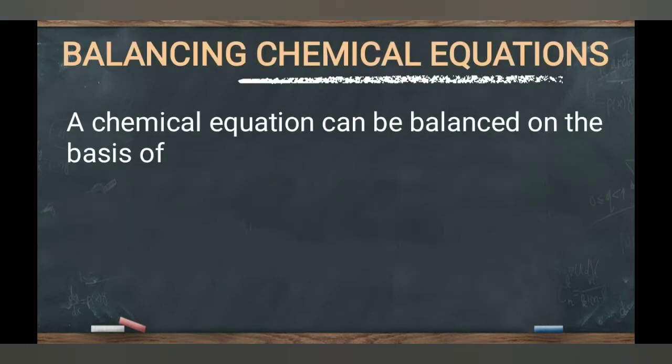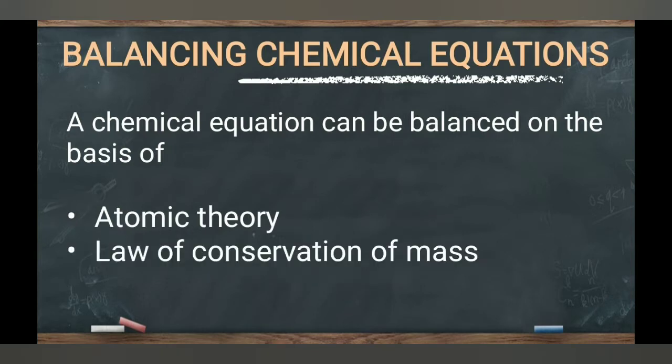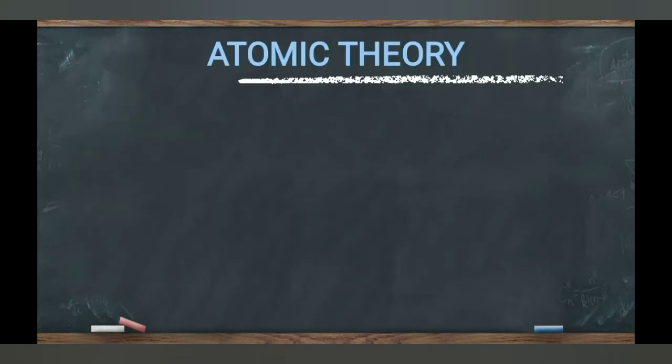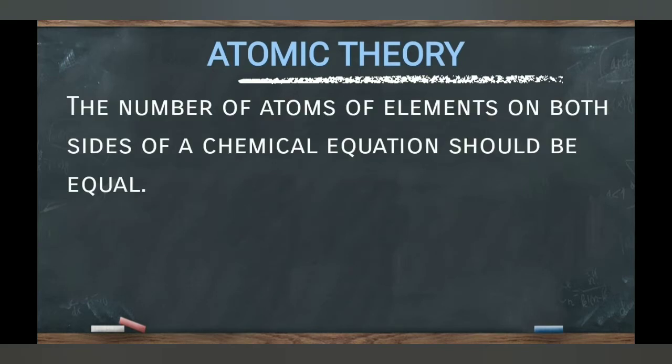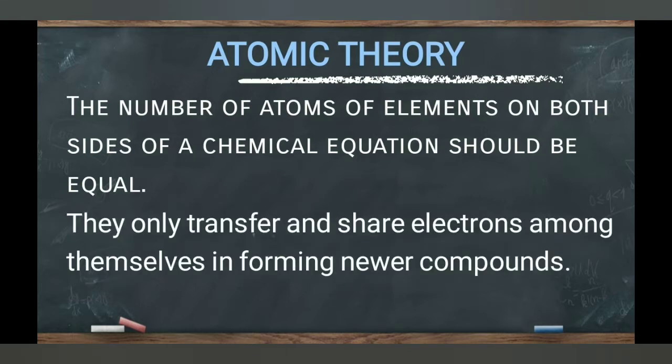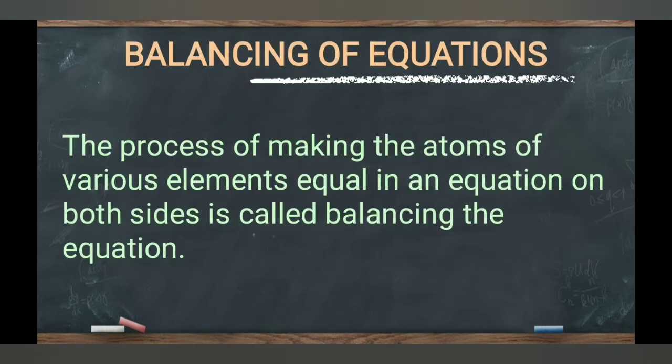A chemical equation can be balanced on the basis of the atomic theory and the law of conservation of mass. According to the atomic theory, the number of atoms of elements on both sides of a chemical equation should be equal. They only transfer and share electrons among themselves in forming newer compounds. The process by which the atoms of various elements are made equal in an equation on both sides is called balancing the equation.